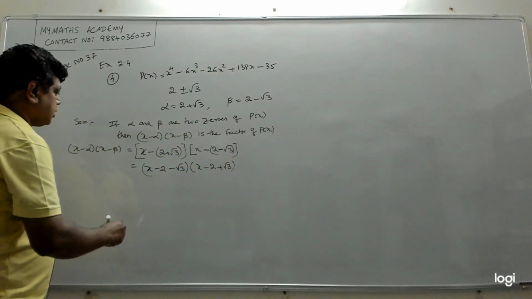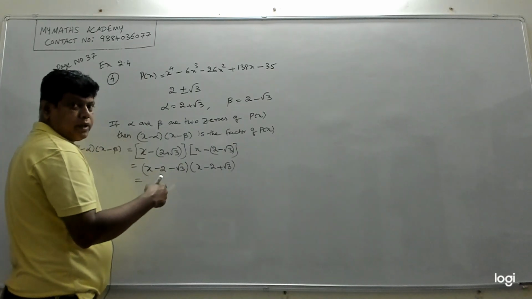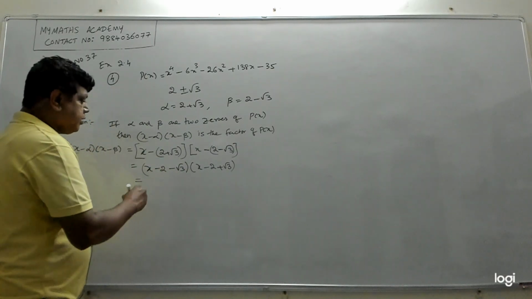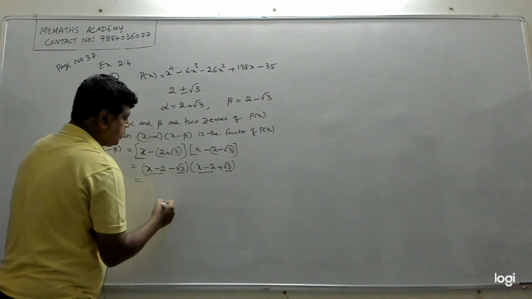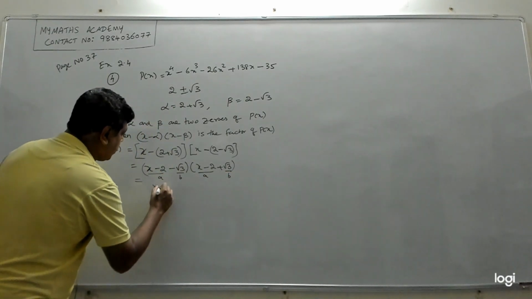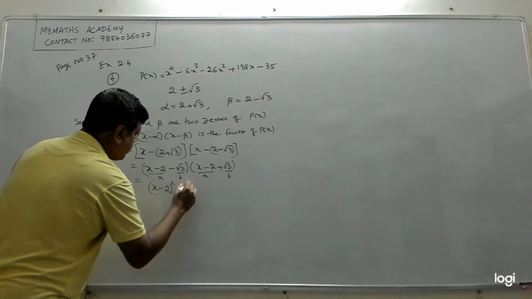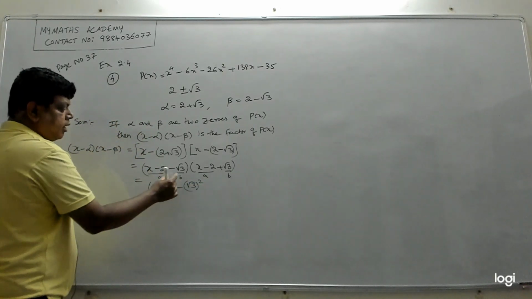Now we have to multiply this. We can do normal multiplication or we can use the identity. If you take this as a and this as b, this looks like a minus b into a plus b, which is a square minus b square. Here x minus 2 is a, and root 3 is b.